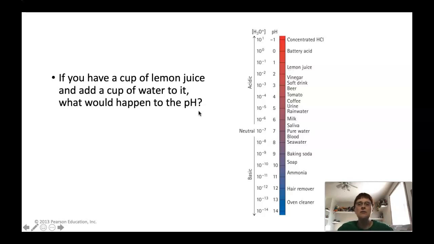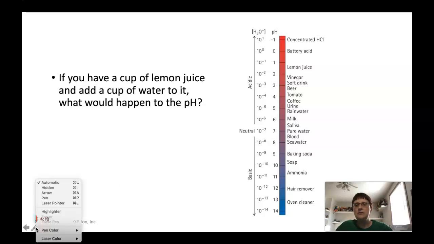What would happen if we had a cup of lemon juice and we added a cup of water to it? What would happen to the pH? So lemon juice again is here, and if we added water to it, would the pH go down or would it go up?